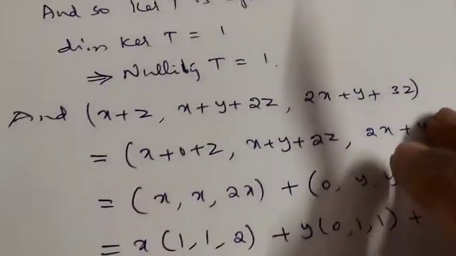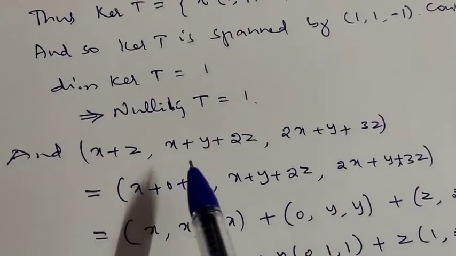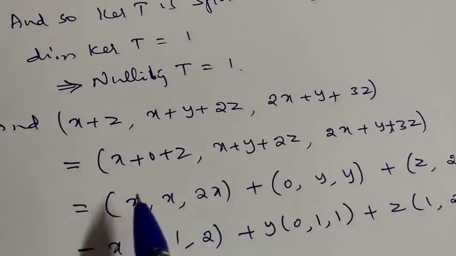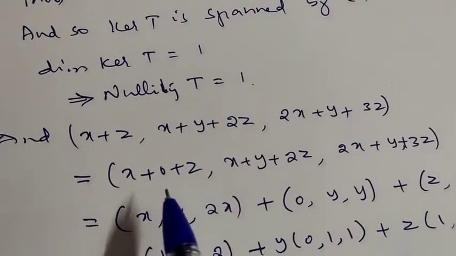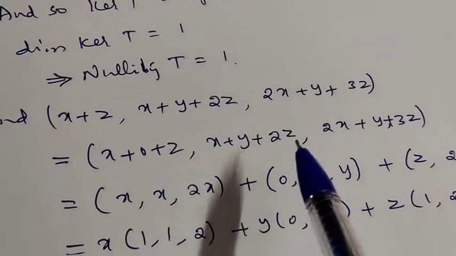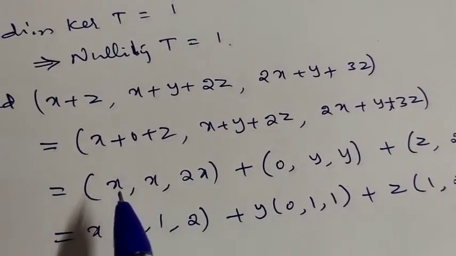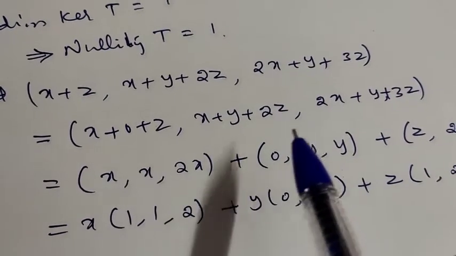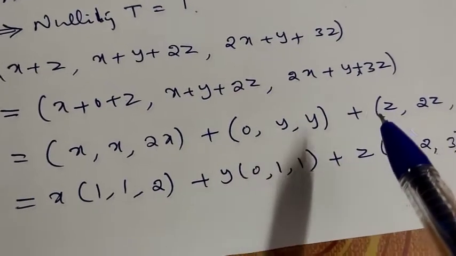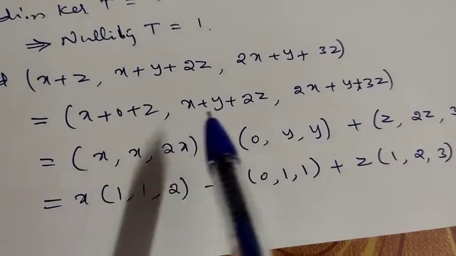Next, look here: (x plus z, x plus y plus 2z, 2x plus y plus 3z) can be written as (x, x, 2x) plus (0, y, y) plus (z, 2z, 3z). So if you add these, you get the same.